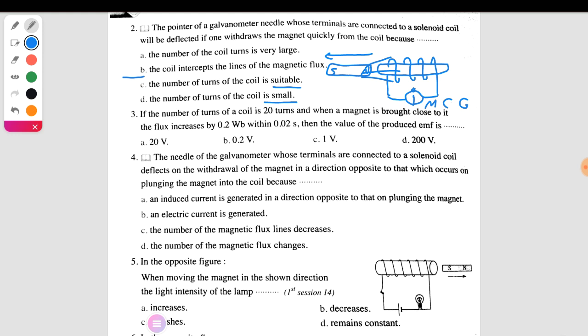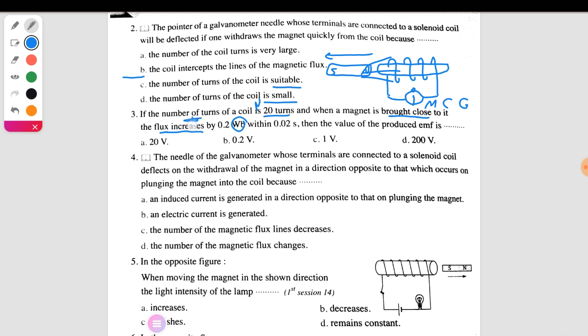If the number of turns of the coil is 20 turns, this is the number of turns of the coil. When the magnet is brought close to it, the magnetic flux increases. Magnetic flux, not magnetic flux density, because magnetic flux is measured by Weber, magnetic flux density is measured by Tesla.